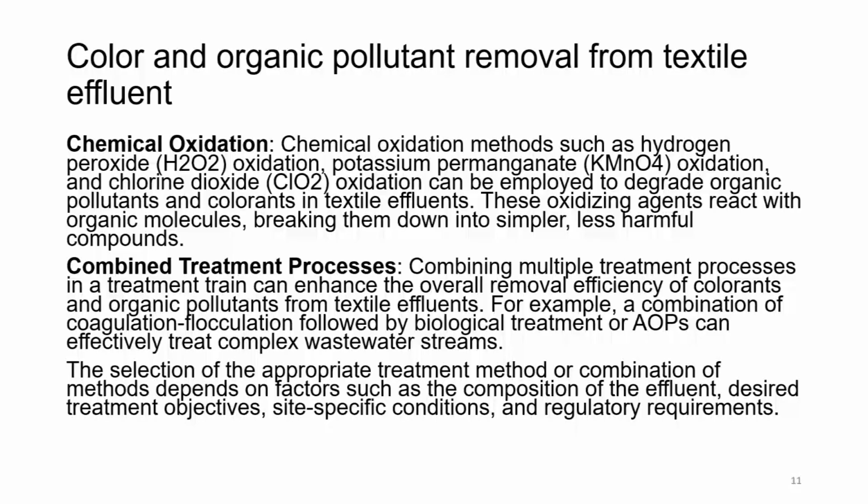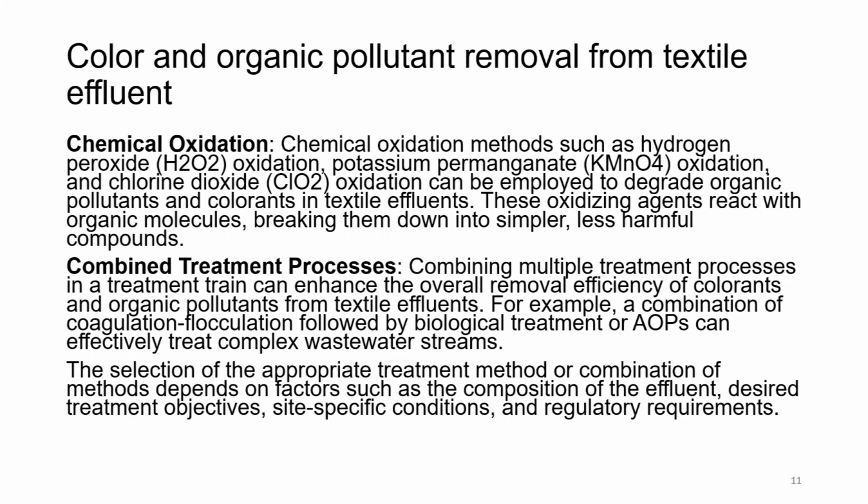Combined treatment processes. Combining multiple treatment processes in a treatment train can enhance the overall removal efficiency of colorants and organic pollutants from the textile effluent. For example, a combination of coagulation flocculation followed by biological treatment or AOP can effectively treat complex wastewater streams.